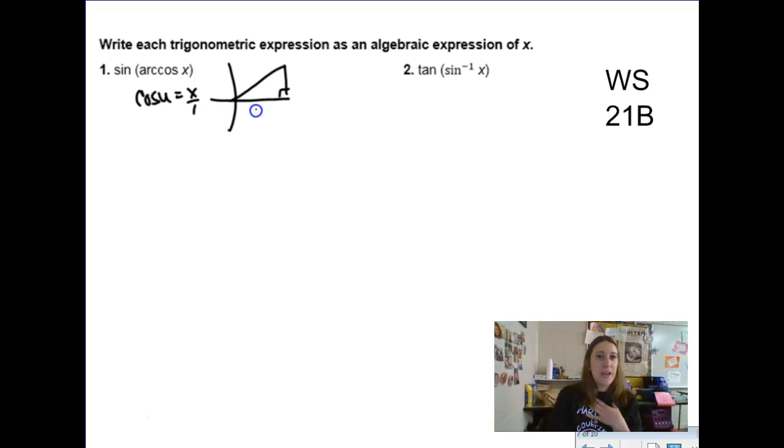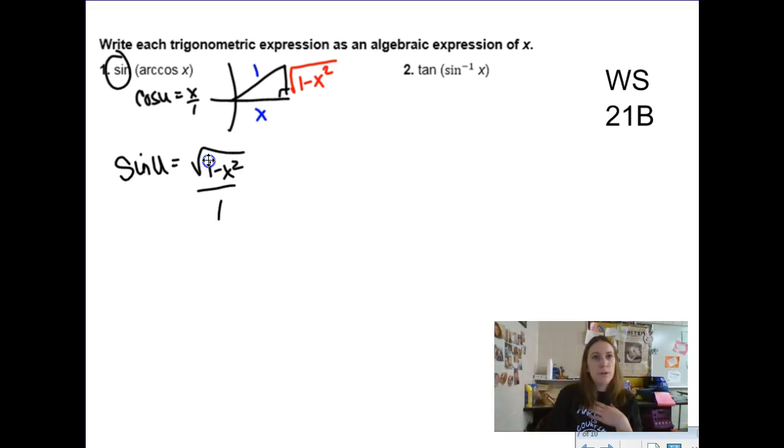So cosine being x over 1 sets up like that. My missing leg here would be square root of 1 squared minus x squared. And then they want the sine ratio for this angle. So sine of this mystery angle is square root of 1 minus x squared over 1, which of course no one would write that. We would just write square root of 1 minus x squared.